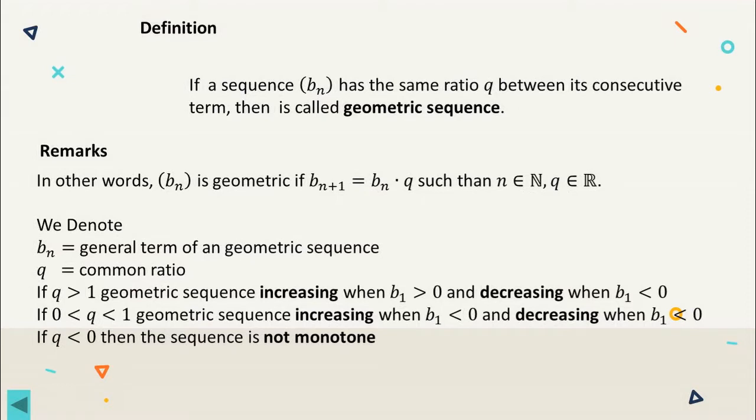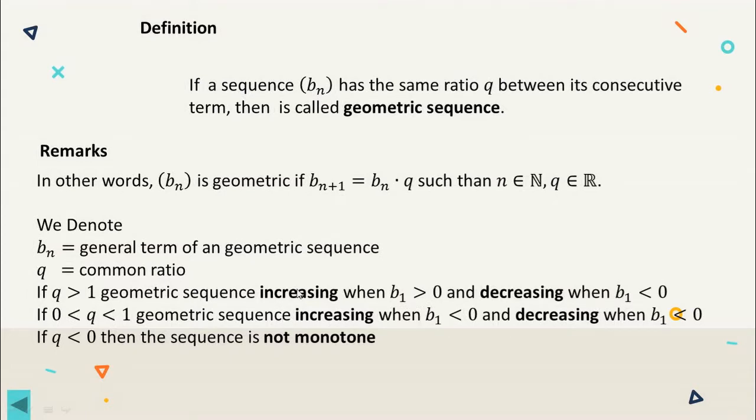Remember, in the arithmetic sequence we have monotone, but in here we don't use that term again, we just describe it directly. If k is more than one, the geometric sequence is increasing when the first term b1 is more than 0, and decreasing when b1 is less than 0.